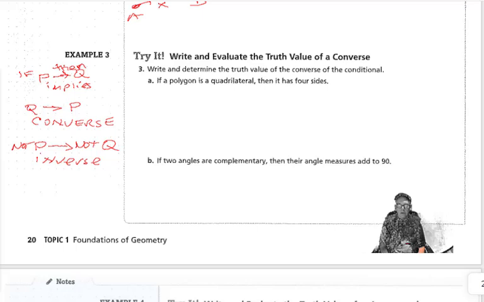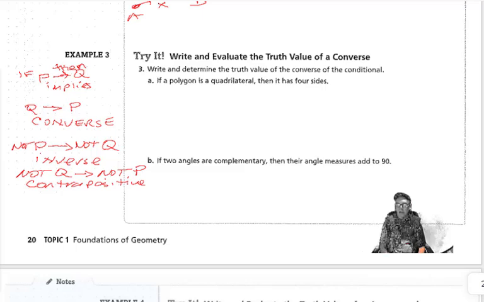The contrapositive has us swapping the Q and the P, like the converse, but we make them opposite. So that would be not Q, then not P. So the inverse is not P, then not Q.